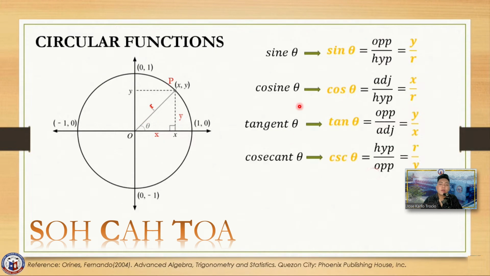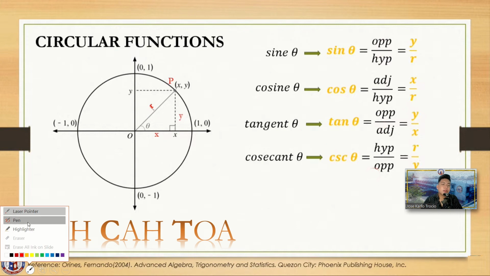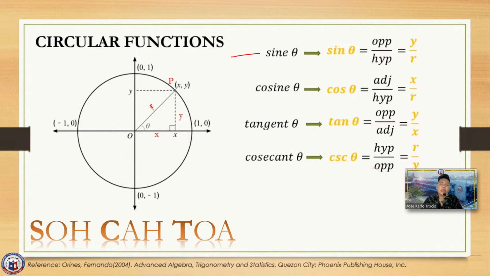Tapad. Cosecant is the reciprocal of, let me use an arrow, a pen, so that you will be guided. The sine and the cosecant are reciprocal to each other, while the secant is reciprocal to cosine.